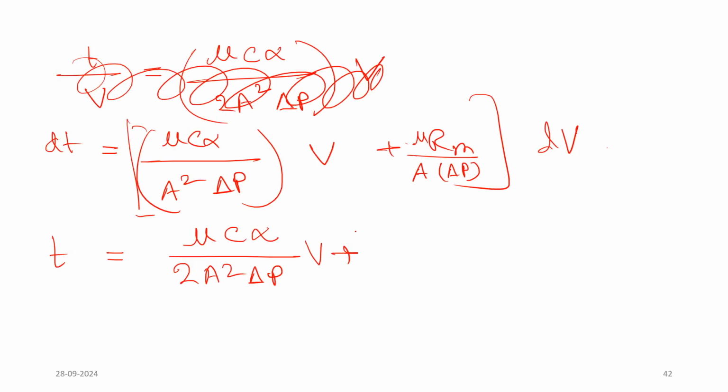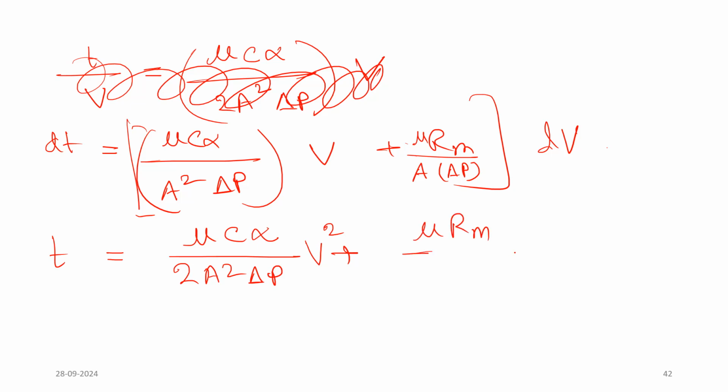So now we are taking out the V. So T by V will be mu C alpha by 2A square delta P into V plus mu Rm by A delta P. Now if we simplify this equation, we will write T by V equals AV plus B, where A is mu C alpha by 2A square delta P and B is mu Rm by A delta P, right? So this is a straight line equation.